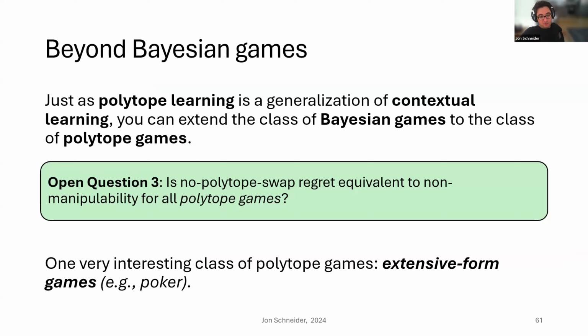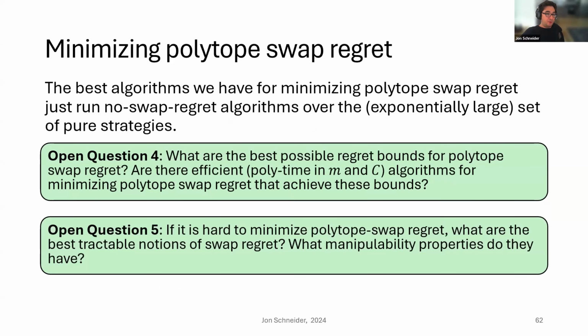And I think one very interesting class of polytope games, where as far as I know people haven't really thought about this too much, is the class of extensive form games. It's had a lot of applications to things like designing learning algorithms for games like poker. So it's a good question whether polytope swap regret is the correct notion of non-manipulability in these types of games.